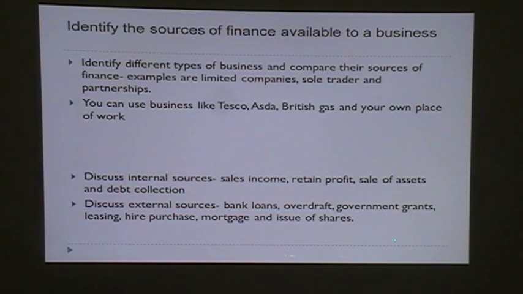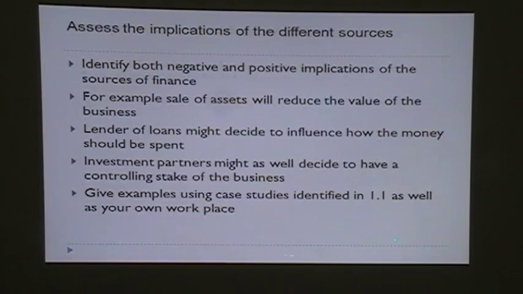We now move on to assessment criteria 1.2. The question says, assess the implications of the different sources of finance. The first thing you need to do is to identify both the negative and positive implications of the sources of finance you talked about in 1.1.